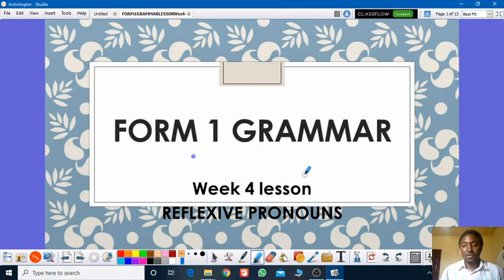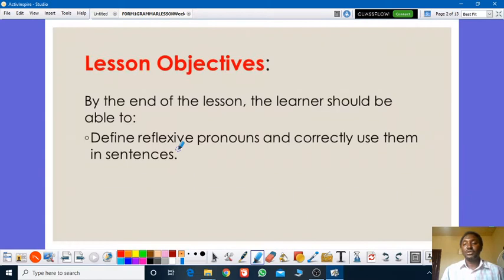So this is week 4, and our grammar lesson is about reflexive pronouns. Remember, we know what pronouns are. We have done that before, and so today we're just learning about one of the types of pronouns, which is reflexive pronouns.